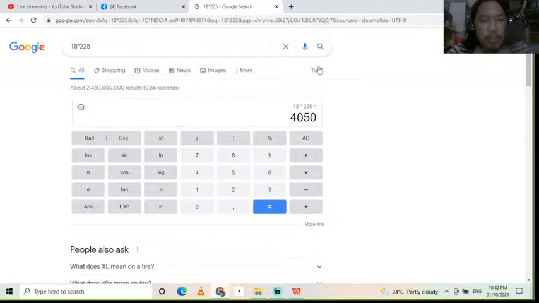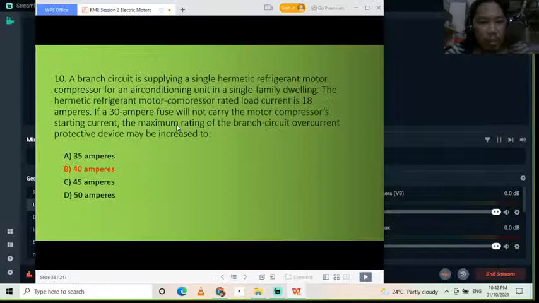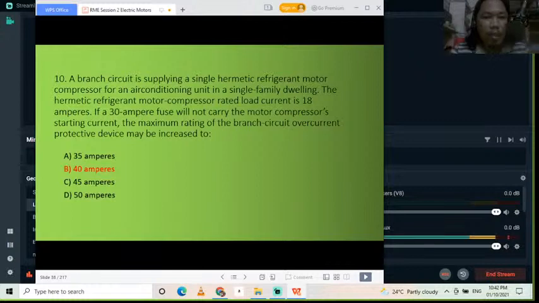So, madadagdagan po yung ating 30 ampere fuse ng 10 ampere fuse. Ng 40 ampere fuse. Gagawin po natin siyang 40 amperes yung ating overcurrent protective device.